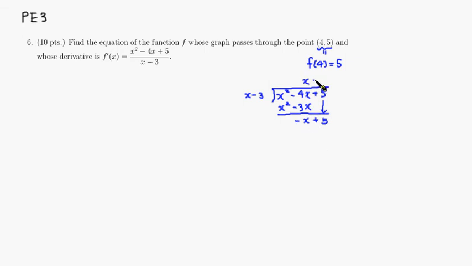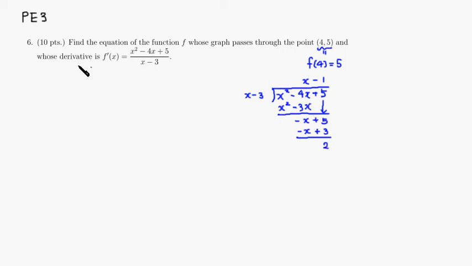That would be negative 1. Negative 1 times x is negative x, which is what we wanted. Negative 1 times negative 3 is positive 3. Then subtract: negative x minus negative x is 0, and 5 minus 3 is 2.